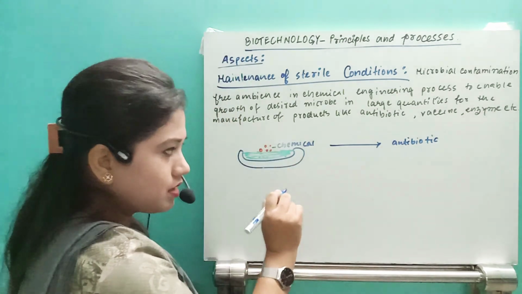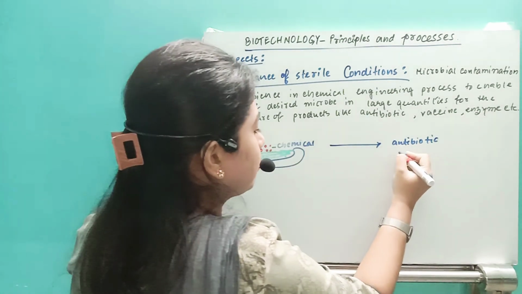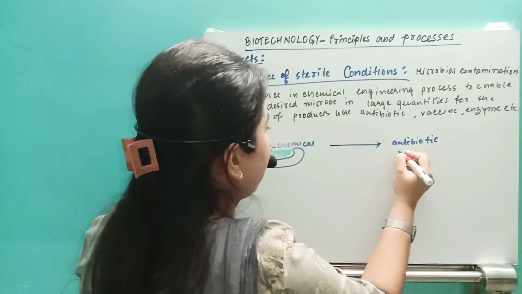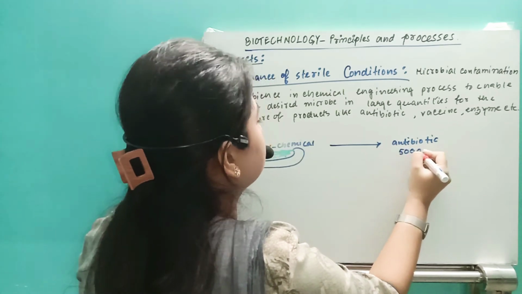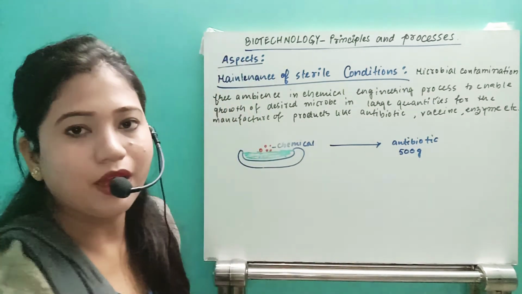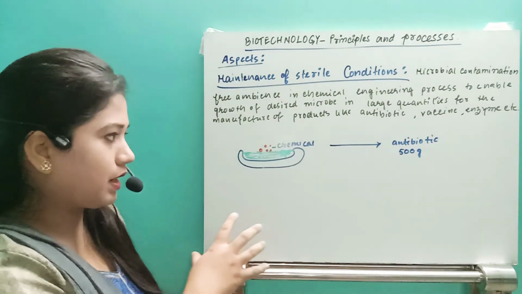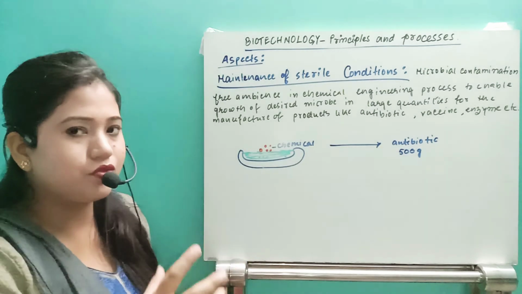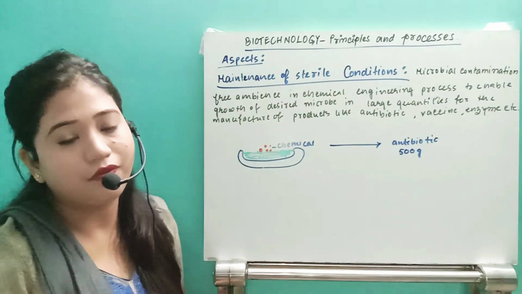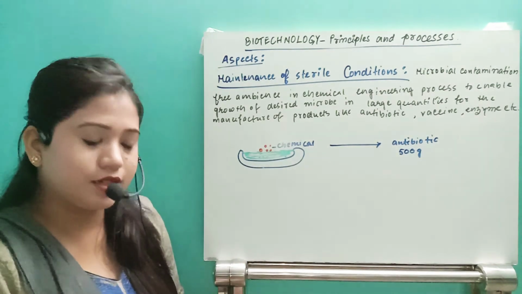Suppose from this petri dish we want to get half a kg, or 500 grams, of the antibiotic. This is our expectation, that from this petri dish we should get 500 grams of antibiotic.